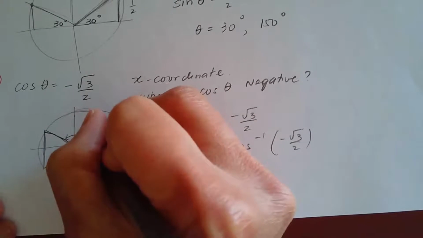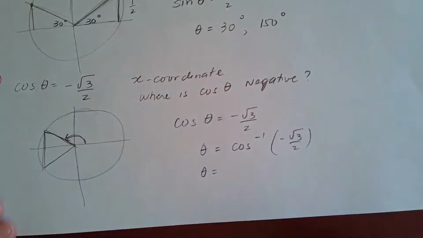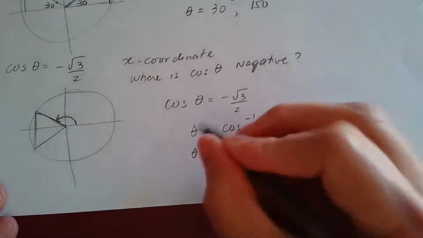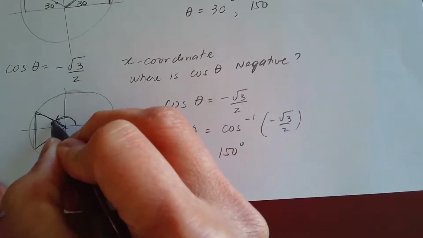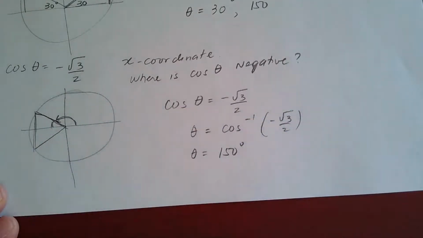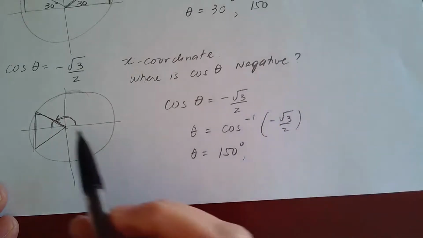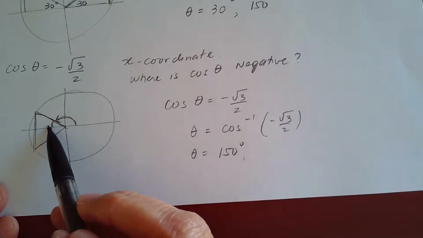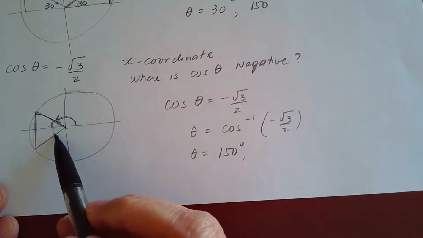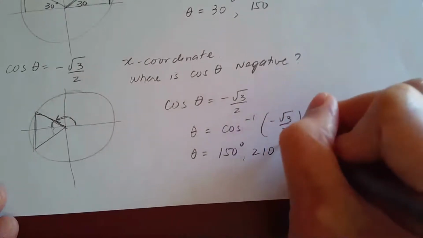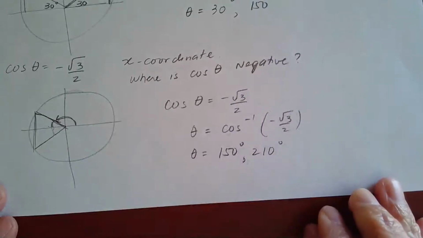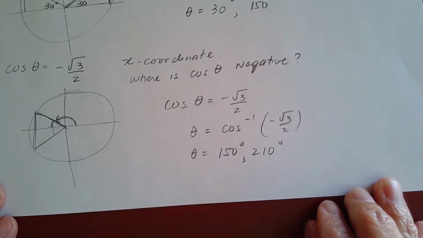That's because this is 150 degrees, with a reference angle of 30 degrees. So in quadrant 2, it's going to be 150, and in quadrant 3, it's going to be 180 plus 30, which is 210 degrees.